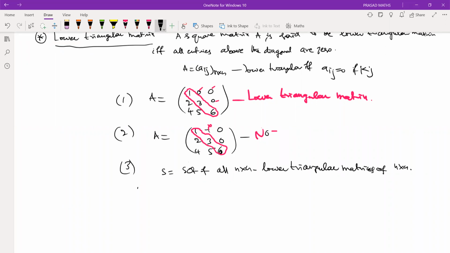The first question is: what is the minimum number of zeros in S, the minimum number of zeros in a lower triangular matrix of order n by n?